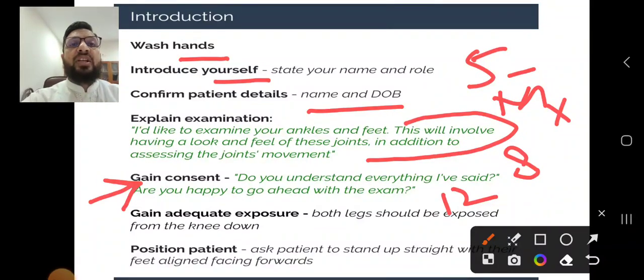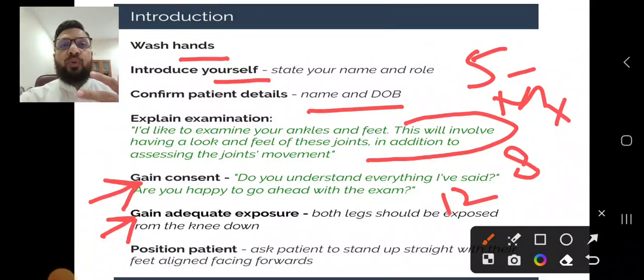Then you have to ask the patient for adequate exposure, and for adequate exposure you have to explain to the patient that for this you have to take off your trousers, but don't worry, you can keep your shorts. And then for the MRCS exam it is important to ask for a chaperone.